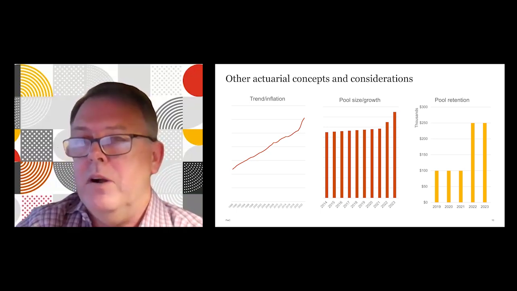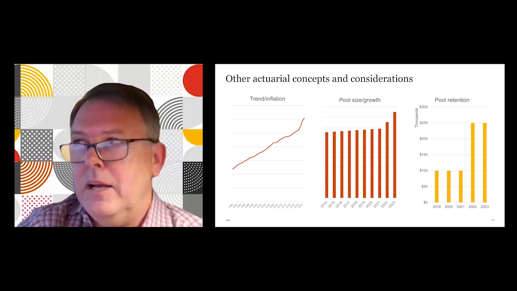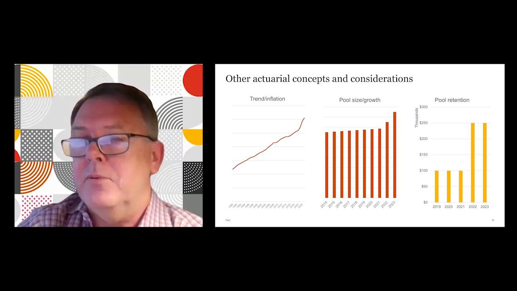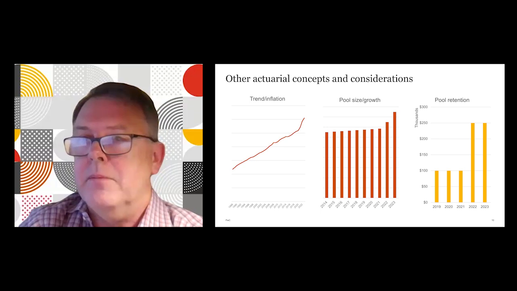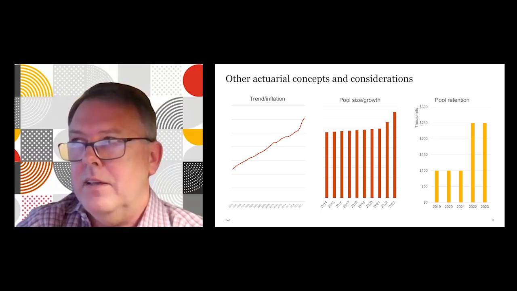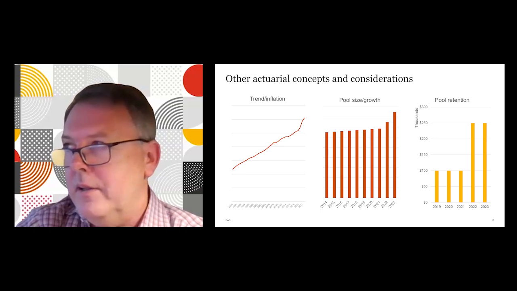That may be a reason why the loss levels in the recent years are going up. It's simply because they have more members. The actuary wants to normalize things for the size of the program. You can't just assume. You have to make an adjustment when you're looking at the past, trying to understand it. You have to consider what the growth rate is.